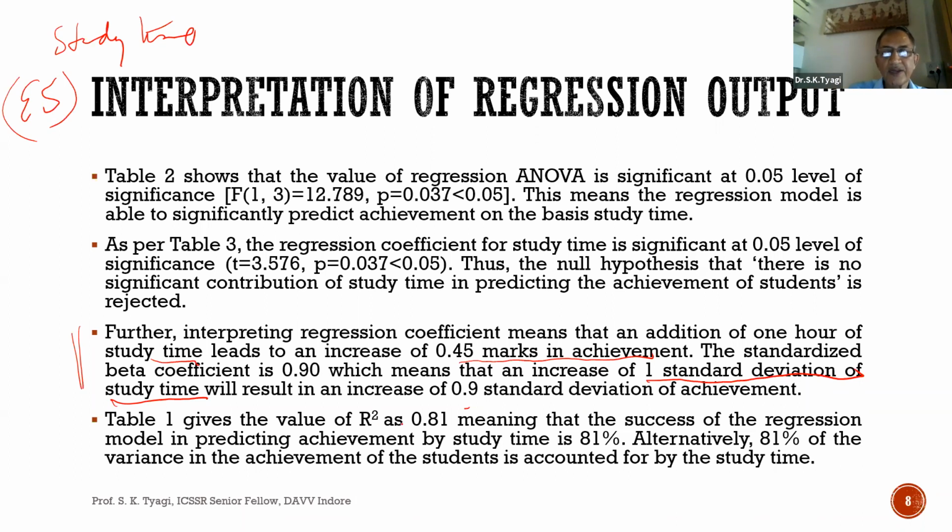So R square is 0.81, meaning that the success of the regression model in predicting achievement by study time is 81%. Or alternatively, 81% of the variance in achievement of a student is accounted for by the study time. So this is how you write the interpretation of output.